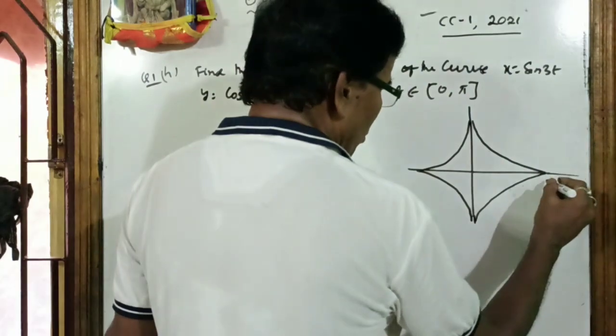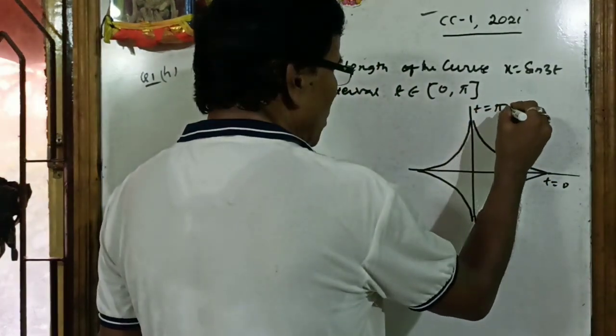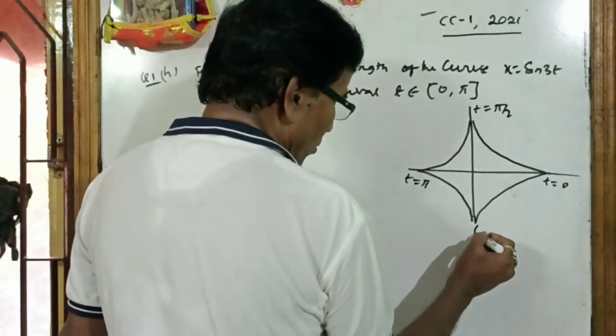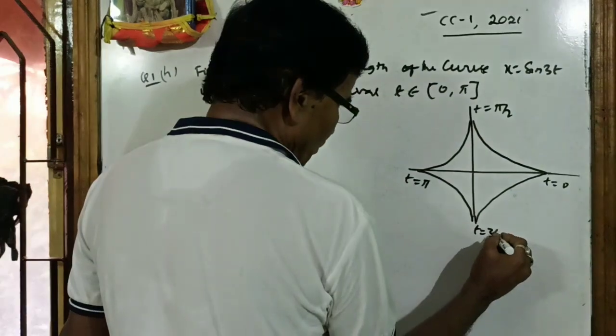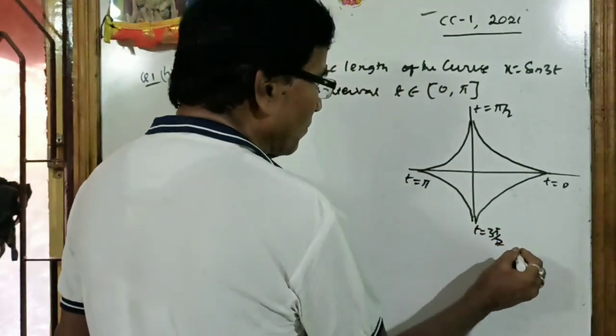Here t is equal to 0, t is equal to pi by 2, t is equal to pi, and t is equal to 3 pi by 2.